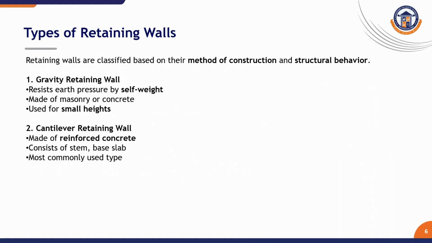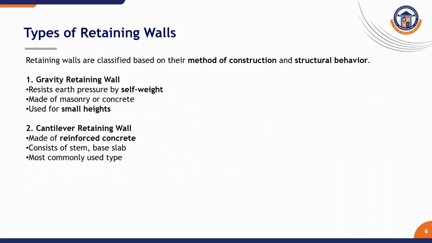Now some of the types of retaining walls. Retaining walls are classified based on construction methods and structural behavior. The main types are: gravity retaining wall, which resists earth pressure through self-weight, made of masonry or concrete, used for small heights. Cantilever retaining wall, made of reinforced concrete, consists of a stem and base slab and is most commonly used.